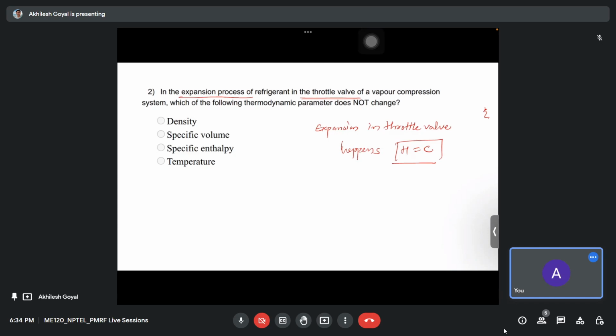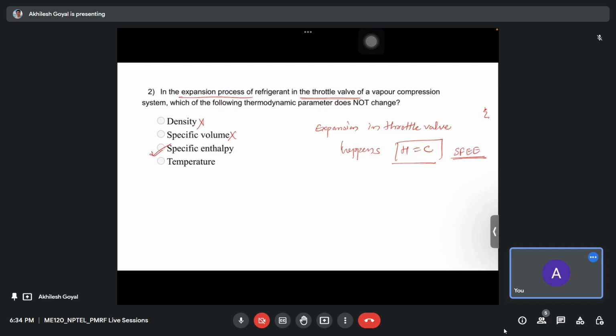From the steady flow energy equation, it is already given that the expansion in throttle valve happens at constant enthalpy. Enthalpy doesn't change. Other parameters can be changed. So density is wrong, specific volume is wrong, but specific enthalpy remains constant.